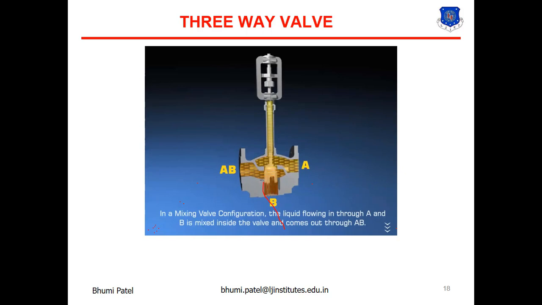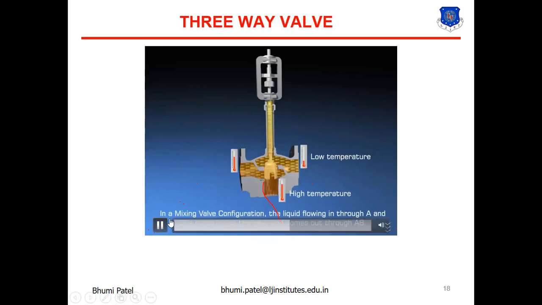Now in a mixing configuration, the liquid flowing through A and B mixes inside the valve and comes out through AB. So in port A we can add a low temperature, in port B we can add a high temperature, and from port AB we can get a high or moderate temperature depending upon the application.